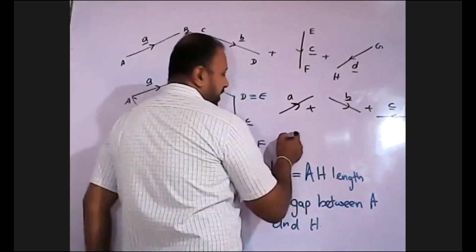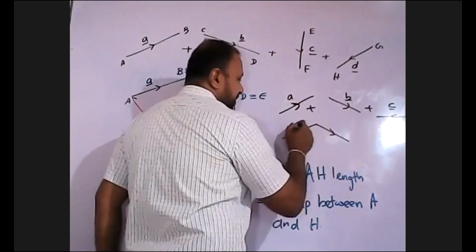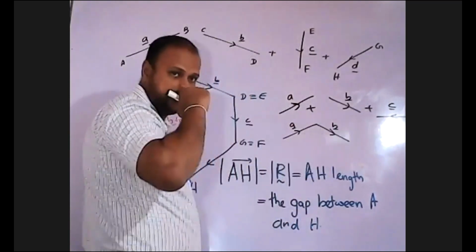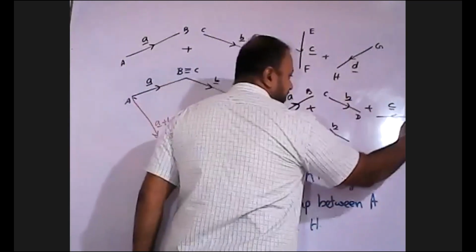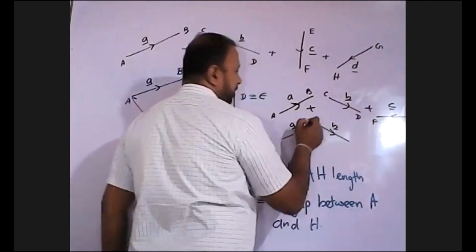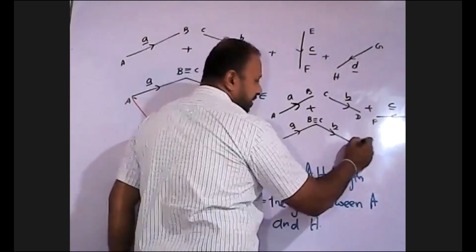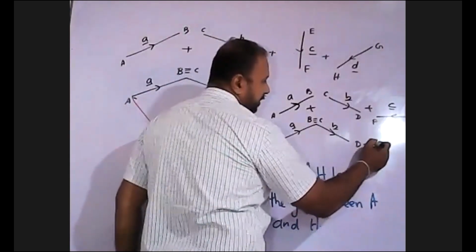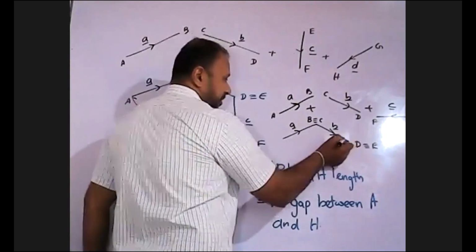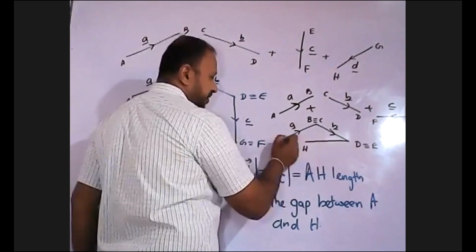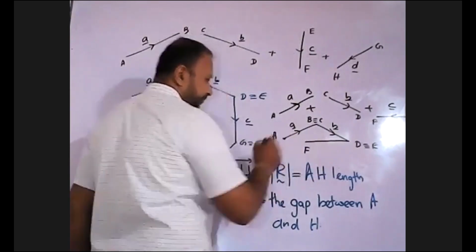That means if I coincide each and every vector respectively, this is the starting point A, B, C, D, E, F. So I coincide B and C, then D and E. Okay, then this is H. So this is F. This is A.